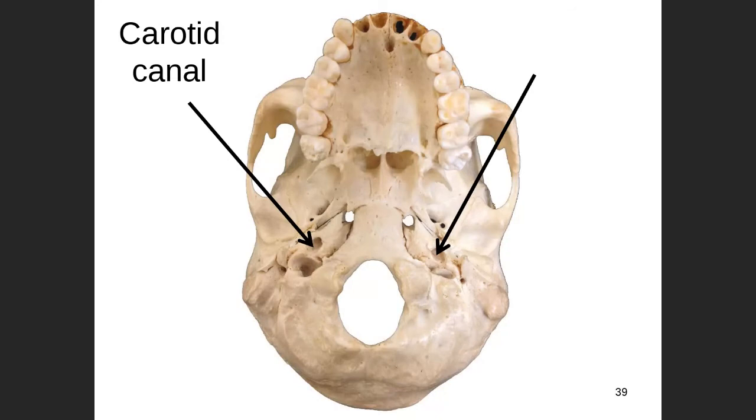Those are called the carotid canals. The carotid canals are where we see the internal carotid artery enter into the skull. You have an internal and an external carotid artery.